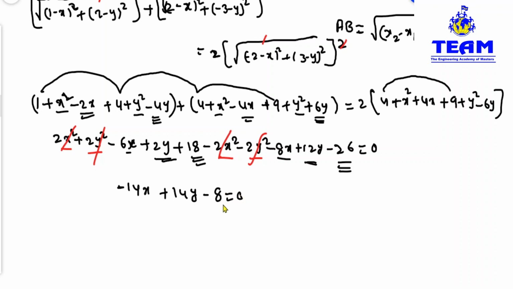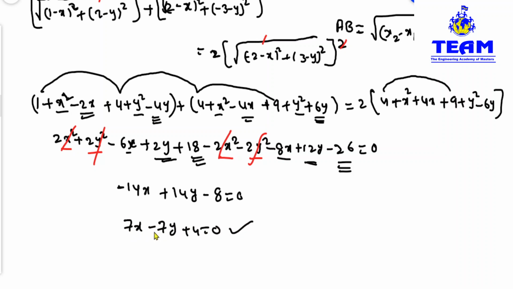Now you see friends, here you have 8, 14, 14, so these 3 are even numbers and the negative is also there, so I am taking a divided by minus 2. Can I do with divided by minus 2? Yes or no? Yes. So what you are getting, it will be 7x minus 7y plus 4 is equal to 0.